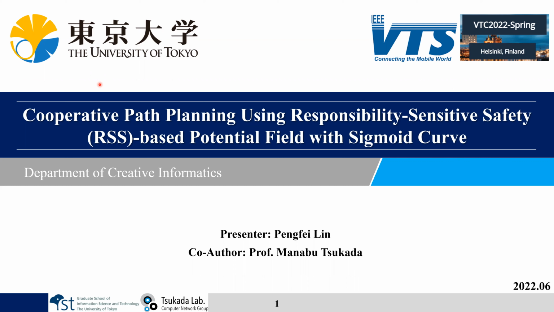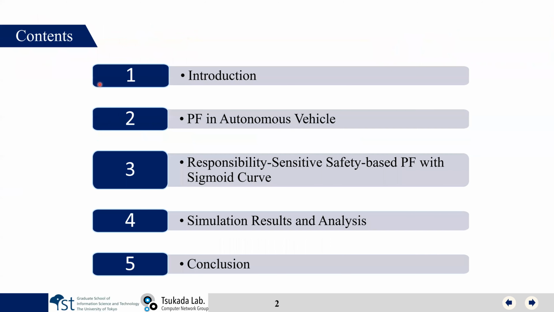Today my presentation is called Cooperative Path Planning Using Responsibility Sensitive Safety Based Potential Field with Sigmoid Curve. I'm going to separate this presentation into 5 parts. First, I will give an introduction about autonomous driving and research motivation, and then I will introduce what potential field is in autonomous vehicles.